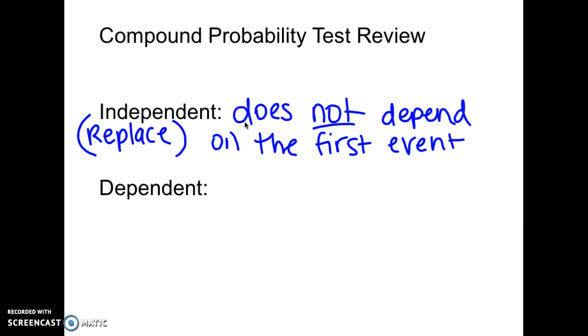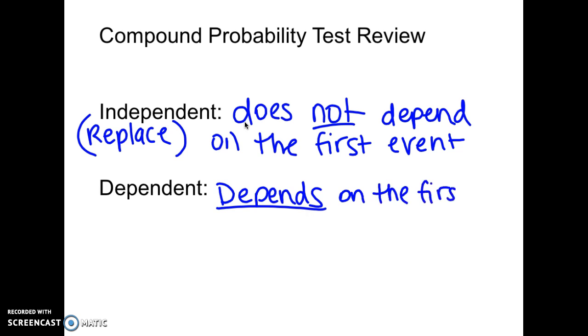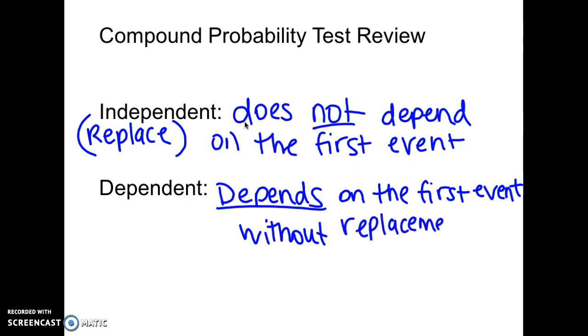Dependent depends on the first event. So this is any time you see the question saying without replacement, or something then something else that doesn't tell you they replace it.